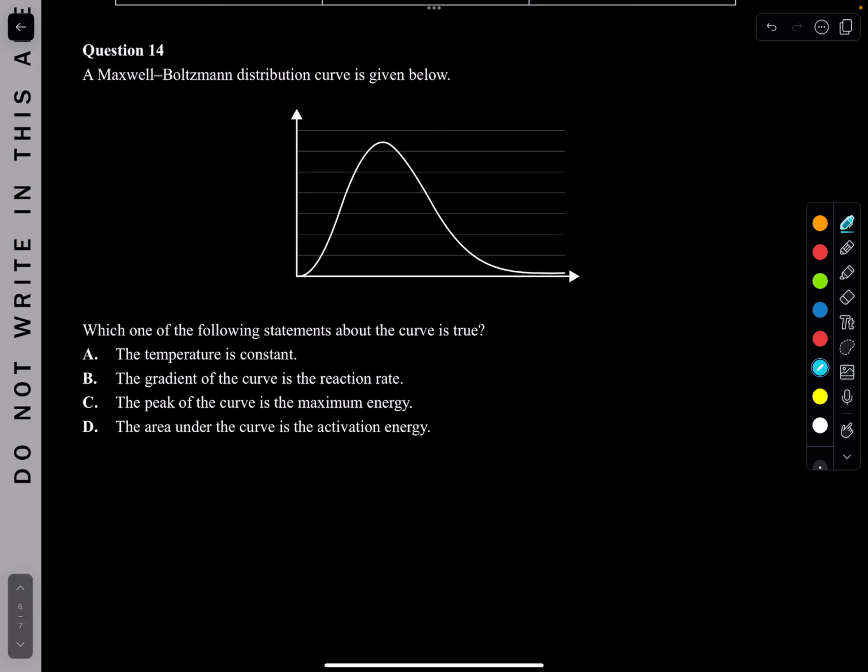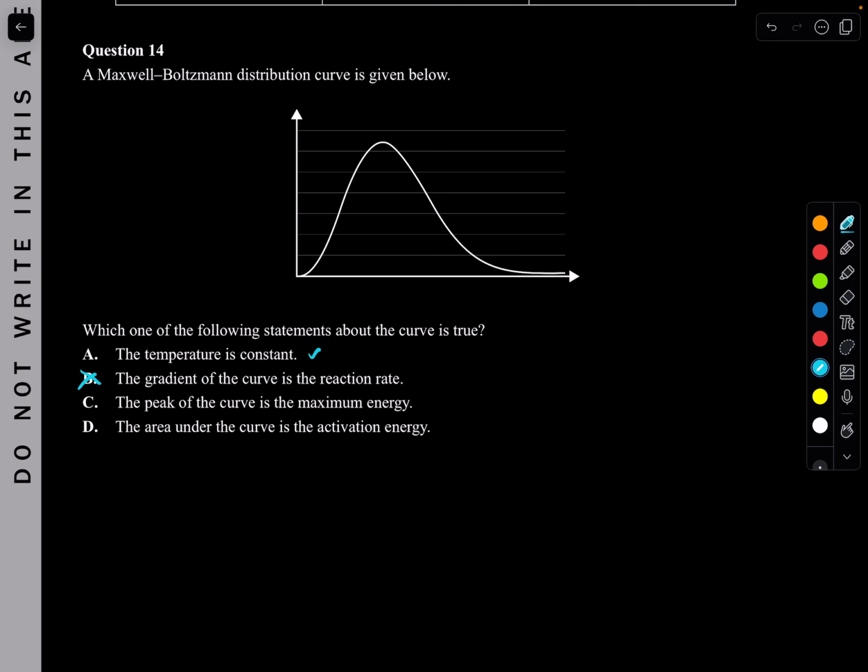14. A Maxwell-Boltzmann distribution curve is given below. Luckily, you guys don't have to know this. They took it out of the study design. Which of the following statements about the curve is true? The temperature is constant? Could be, because of course the graph is not moving. So remember, different temperatures affect the graph. High temperature makes it like this. Lower temperatures make it like this. So it could be true. The gradient of the curve is the reaction rate. Not true.